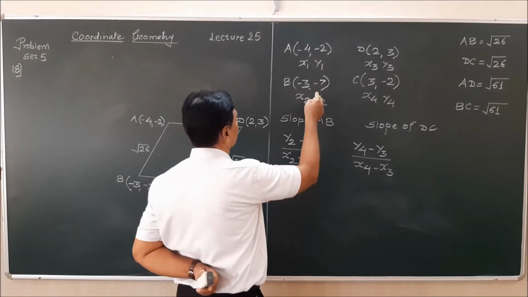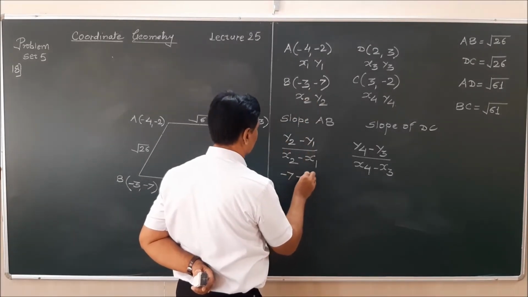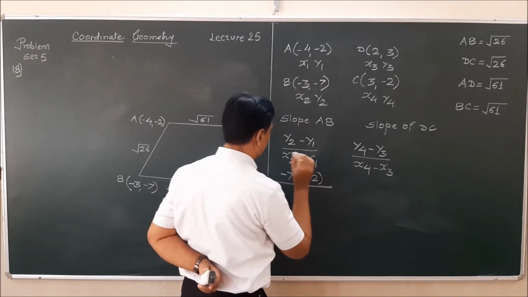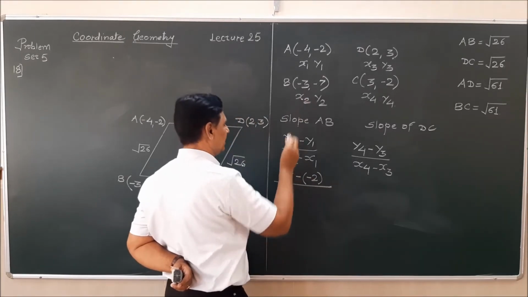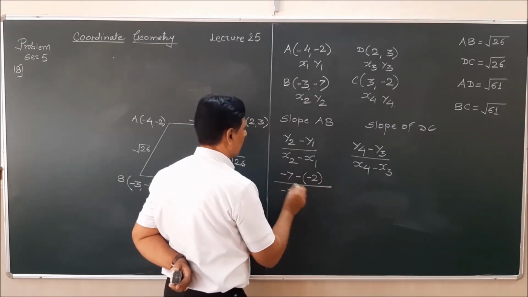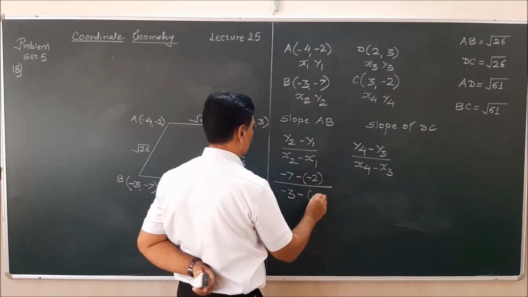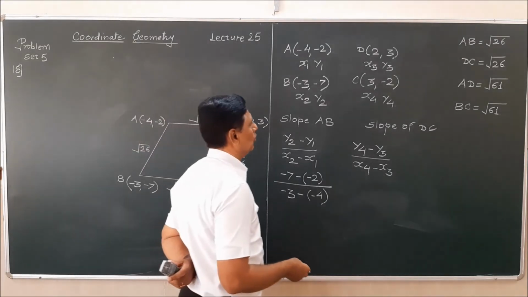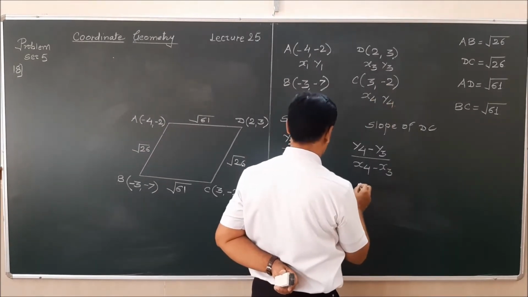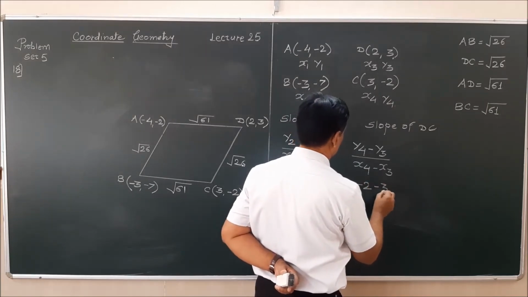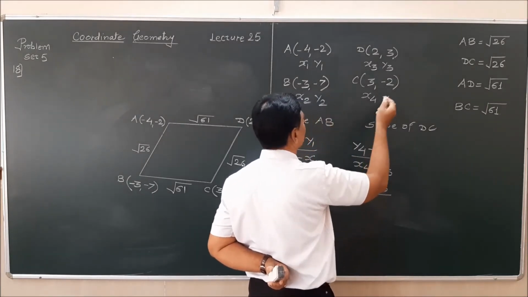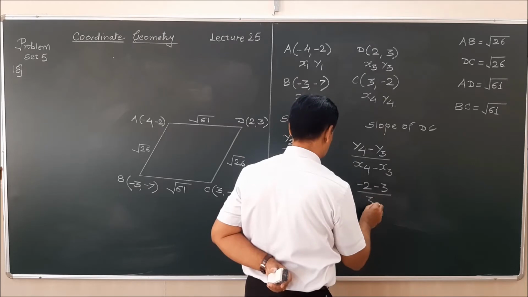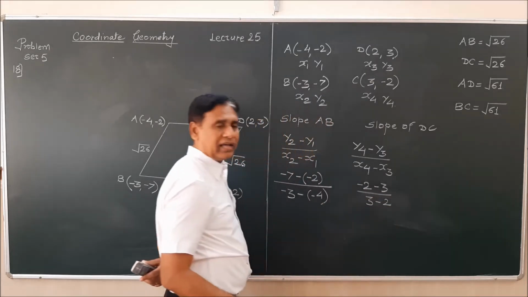Now y2 minus y1, minus 7 minus of minus 2, upon x2 minus x1, minus 3 minus of minus 4, equals y4 minus y3, minus 2 minus 3, upon x4 minus x3, 3 minus 2.